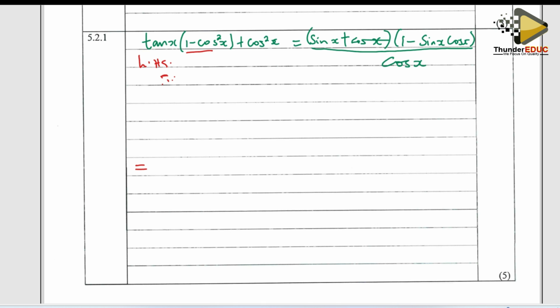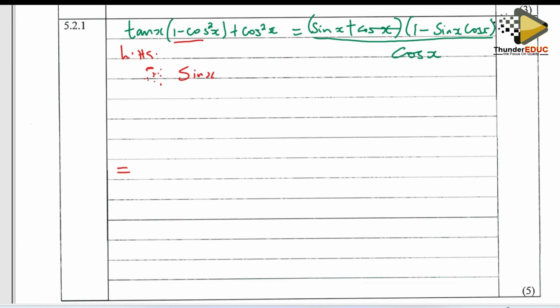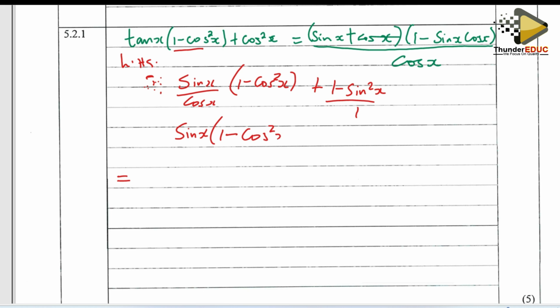So I'll say sine x over the cos of x. Let me keep the 1 minus cos squared x, and then let me change this to 1 minus sine squared x, over 1. I'll do my cross multiplication: sine x into 1 minus cos squared x plus the cos x into 1 minus sine squared x. Everything is over cos x.